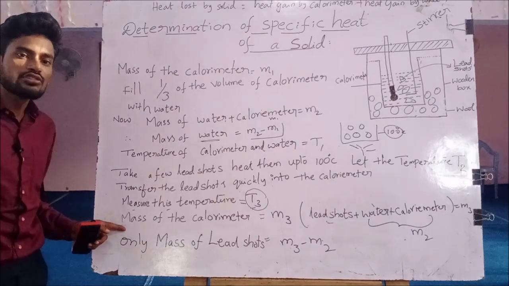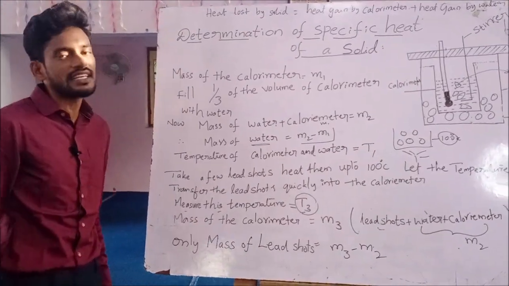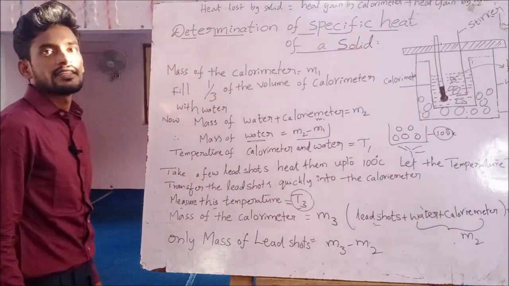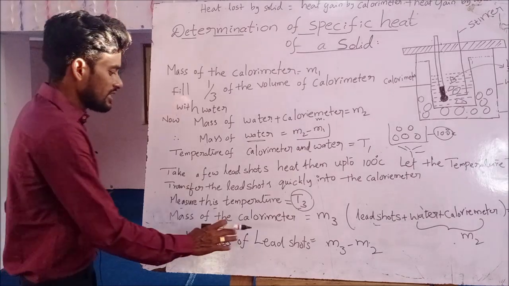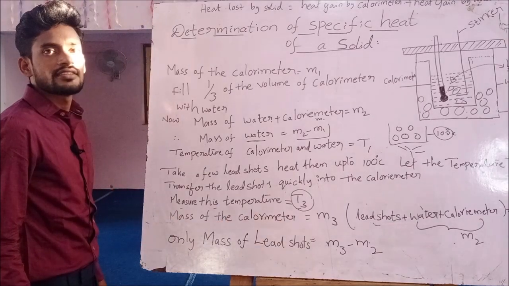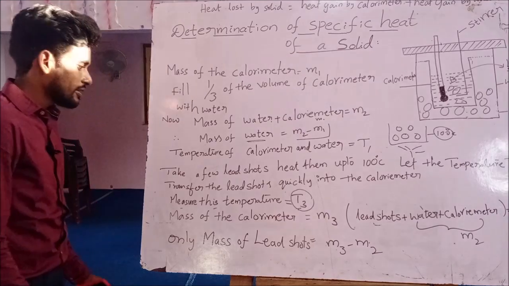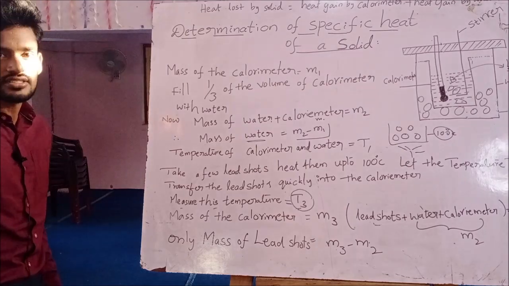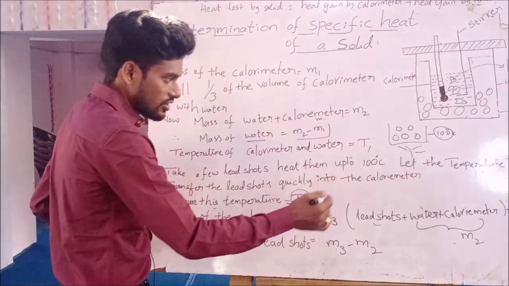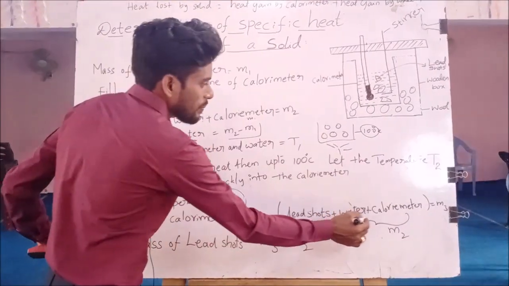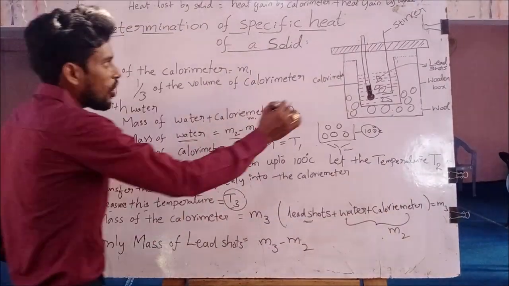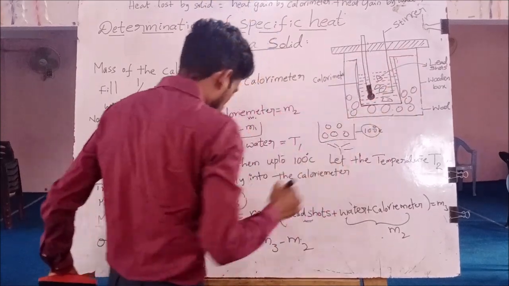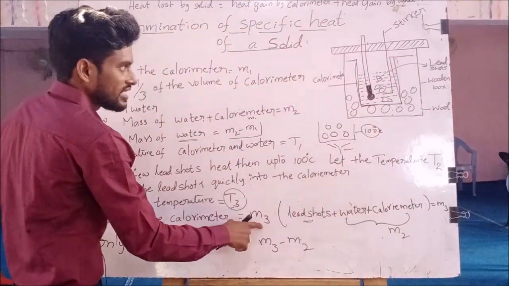Now if you would like to calculate, the mass of the calorimeter with everything is M3. Now see, only the mass of the lead shots. Lead shot plus water plus calorimeter equal to M3, because the total calorimeter mass is M3.